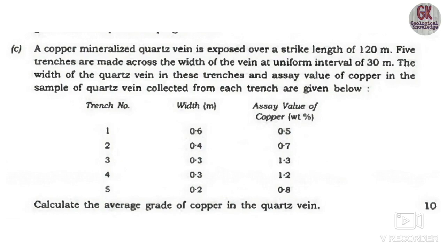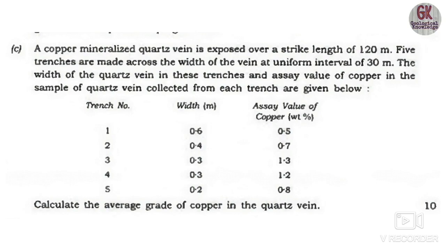And C question is the numerical here. A copper mineralized quartz vein is exposed over a strike length of 120 meters. Five trenches have been made across the width of the vein at a uniform interval of 30 meters.